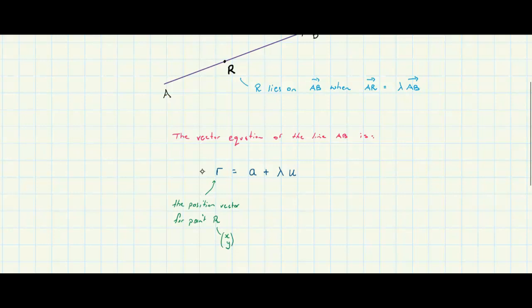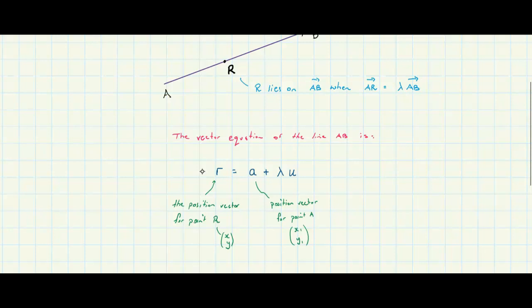A is the position vector for point A. And so that's going to be some known point, x1, y1.